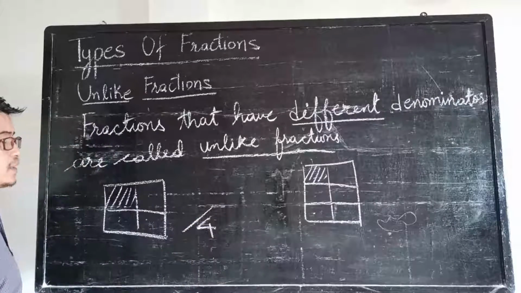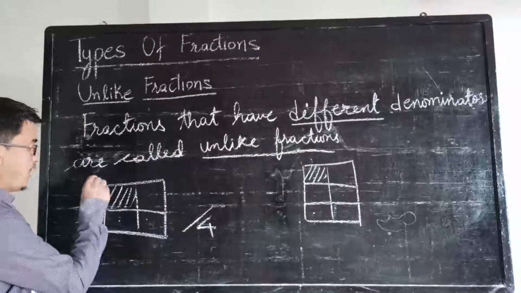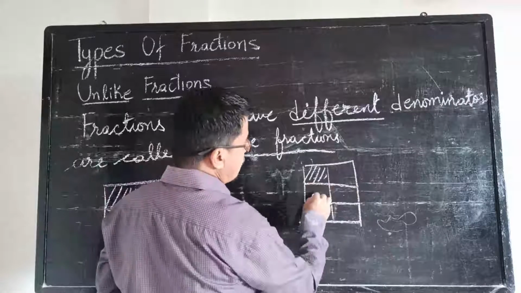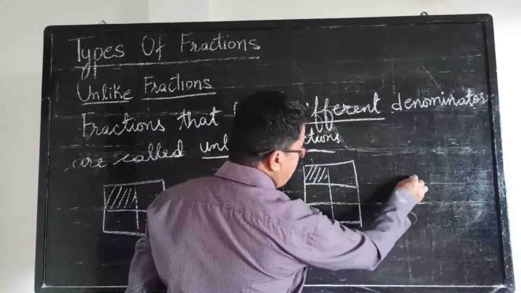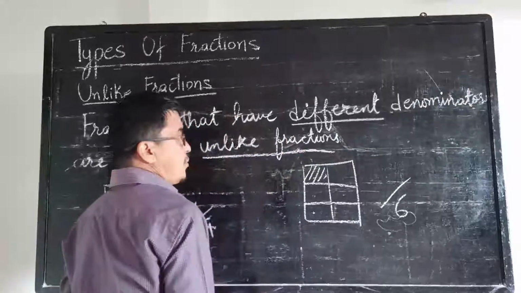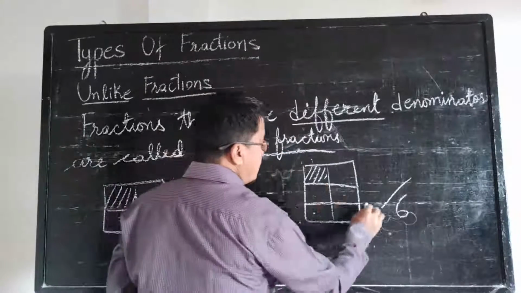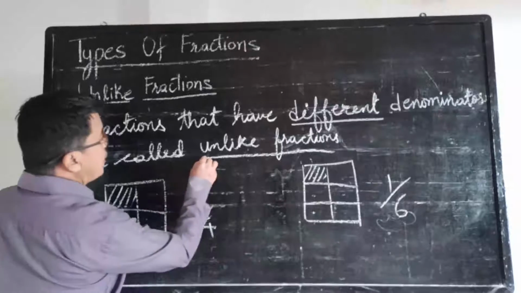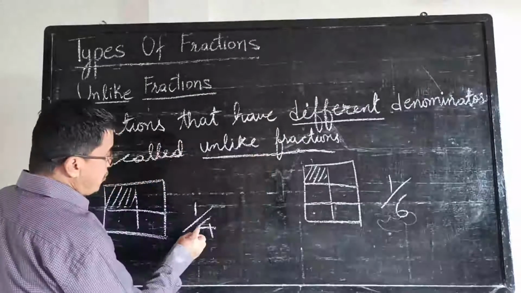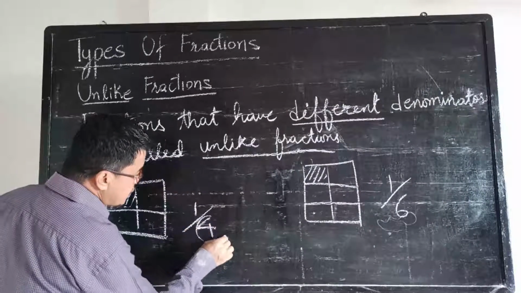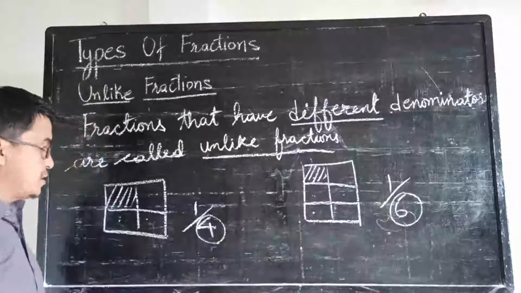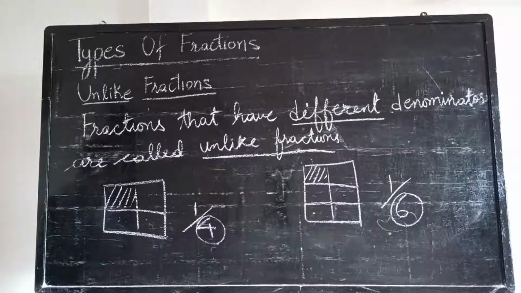Out of these 4 parts, how many parts have I shaded? 1. 1 upon 4. Here, look at this box. 1, 2, 3, 4, 5, 6 parts are there. Out of these 6 parts, how many parts have I shaded? 1. So 1 upon 6 and 1 upon 4. They are unlike fractions. Why? Because their denominators are different. One is 4 and another one is 6. Since the denominators are different, they are unlike fractions.